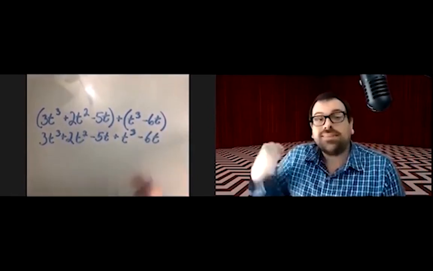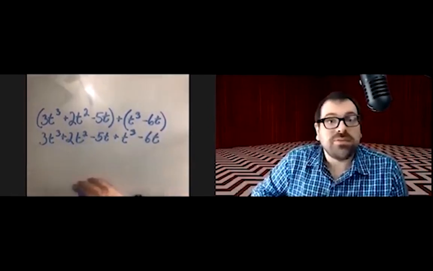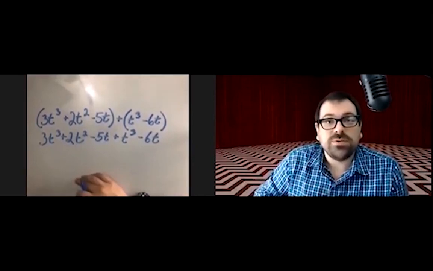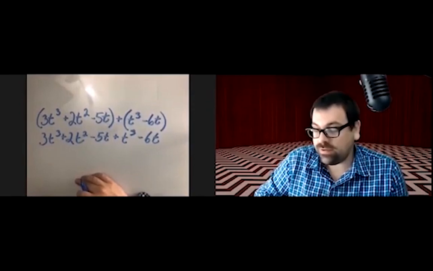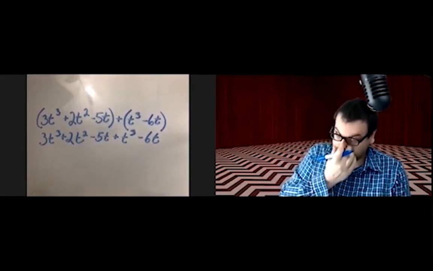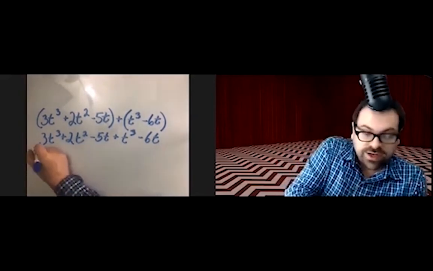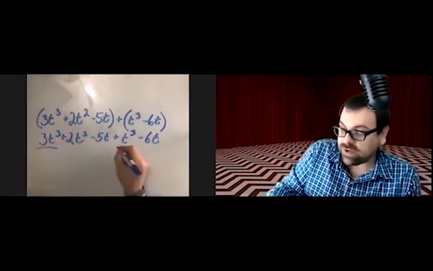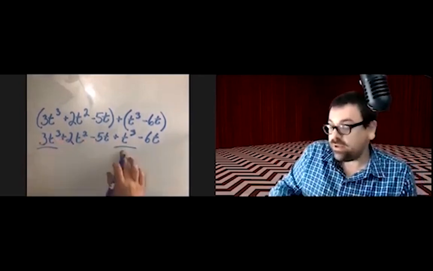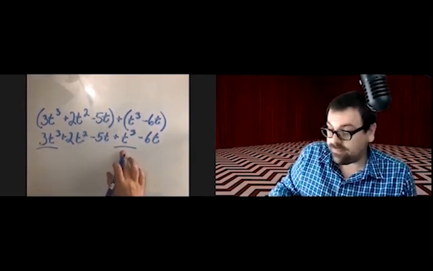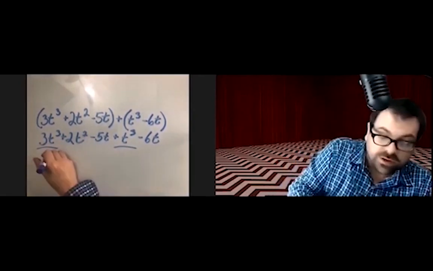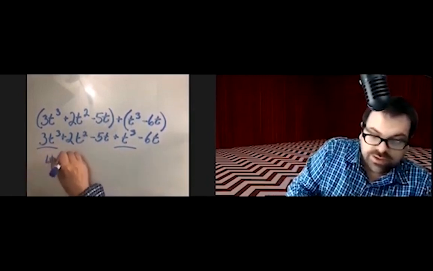And then combine like terms and simplify, just like we used to do. Nothing new, nothing different. Do we have any more t cubes? Yes, right here. 3 of them plus 1 of them gives us 4 t cubed.